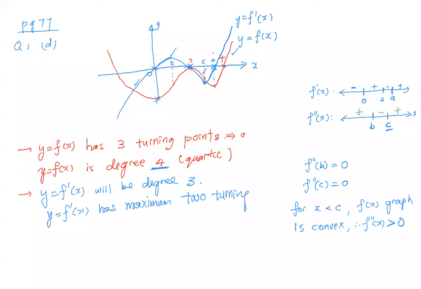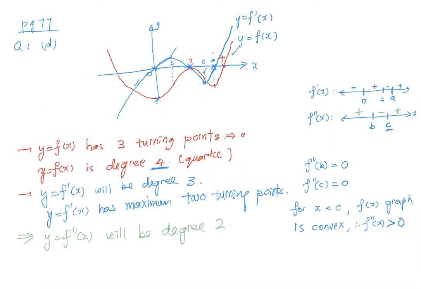So a lot of analysis needs to be done. What will happen to your y equals f double prime x? It will be degree what? 2. Yes. So it's a quadratic.